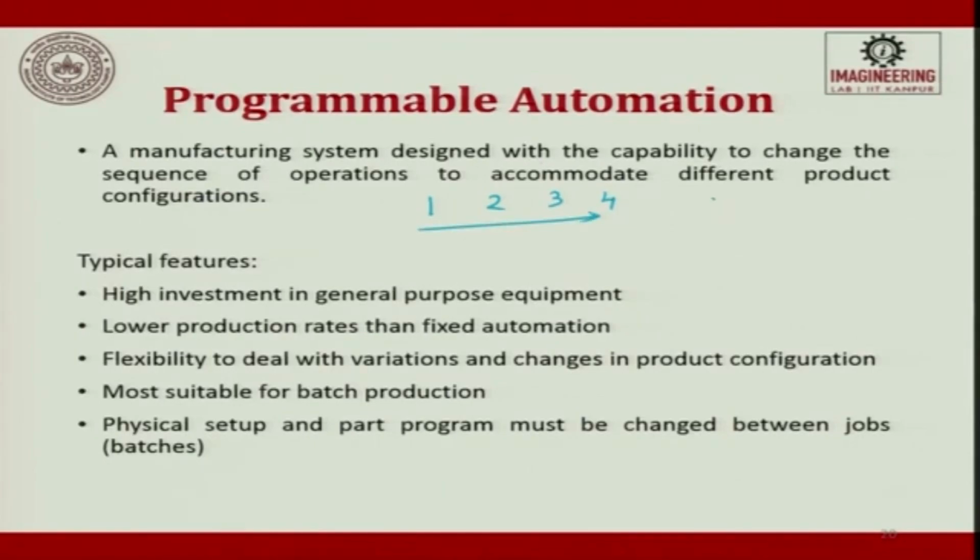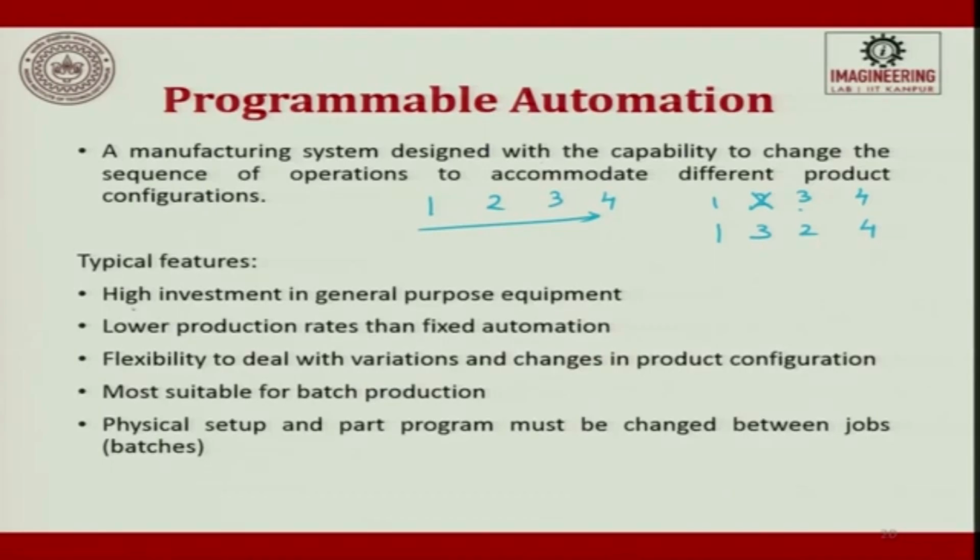In programmable automation, you have a small flexibility: you can skip 3 and use 1, 3, 4 alone, or you can also make it 1, 3, 2, 4. Here I use a program or a robot to change the sequence a little bit and still produce a different product to my requirements.